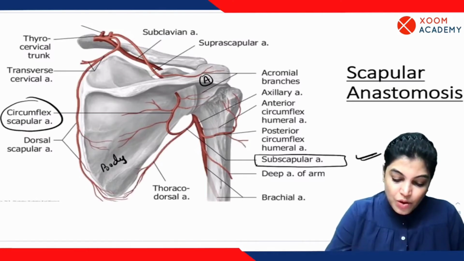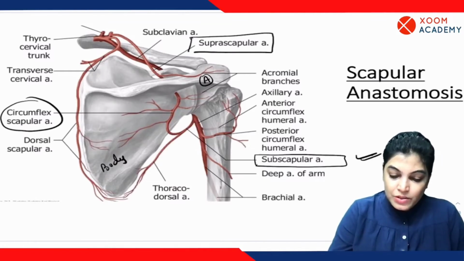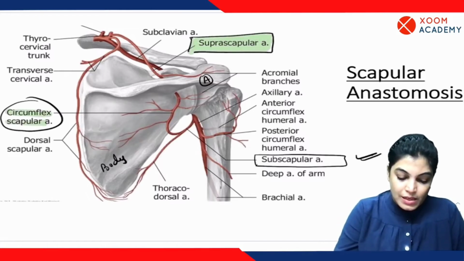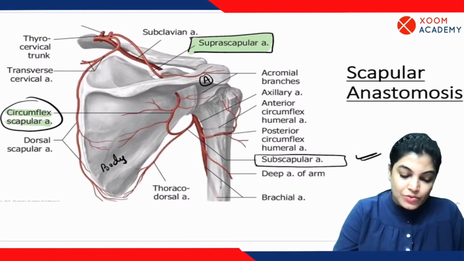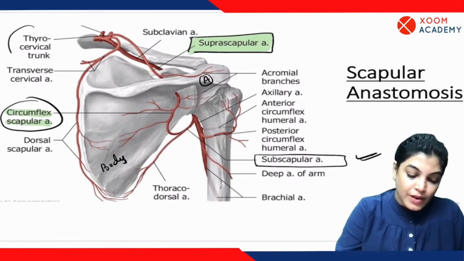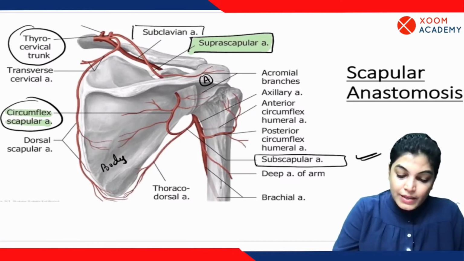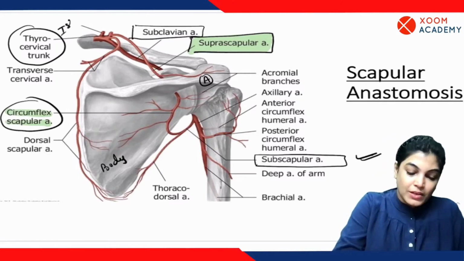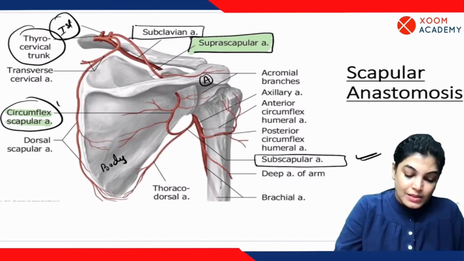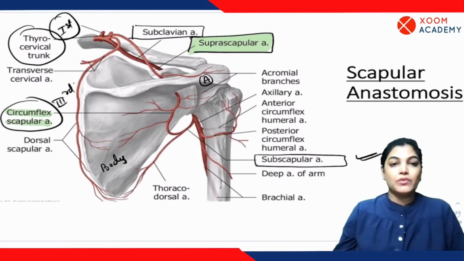Here you can see it is forming an important anastomosis with the branch of suprascapular artery. This is the suprascapular artery, which is forming anastomosis with the circumflex scapular artery here. The suprascapular artery is a branch from the thyrocervical trunk, and the thyrocervical trunk is a branch of the first part of subclavian artery, while the circumflex scapular artery is a branch from the third part of axillary artery.